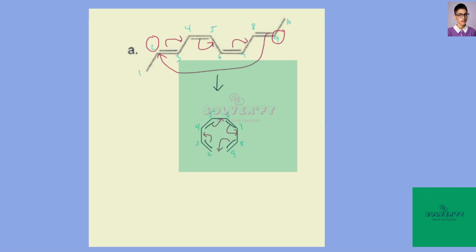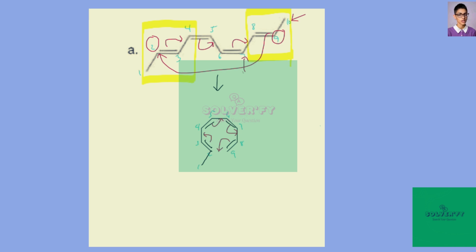But before we get into that, we still have carbons number 1 and 10, right? And if we look over here, we see that carbon 1 is in trans configuration with carbon number 4. So carbon number 1 is going to go in trans. And similarly with carbon 8 and 9, we see that carbon 10 over here is in trans position with respect to carbon 7.